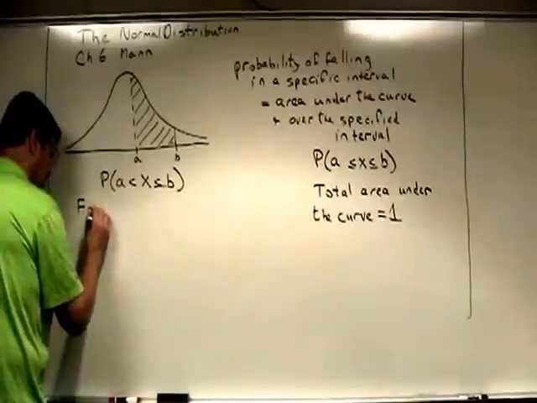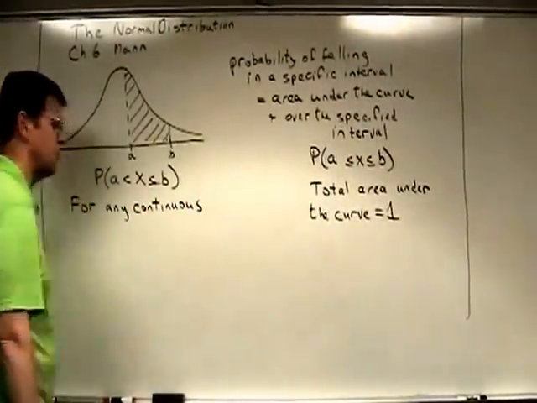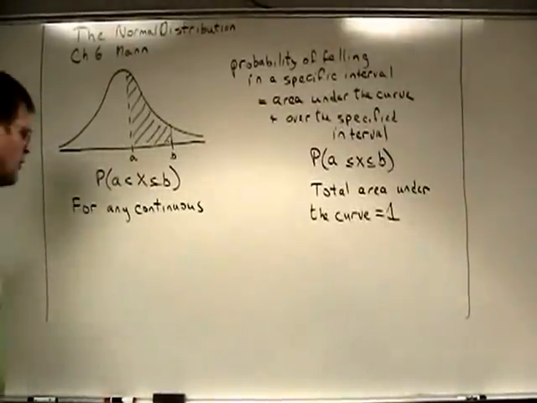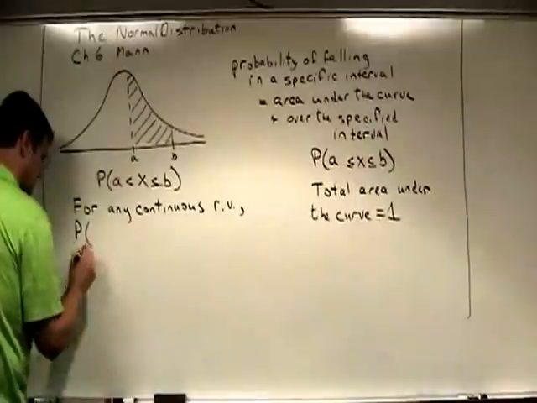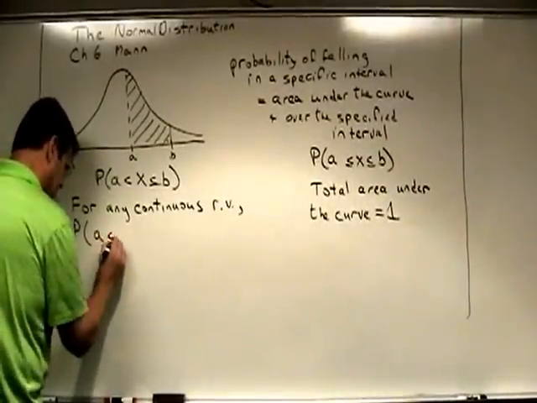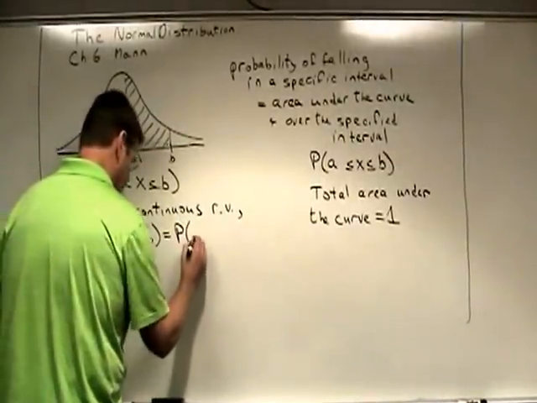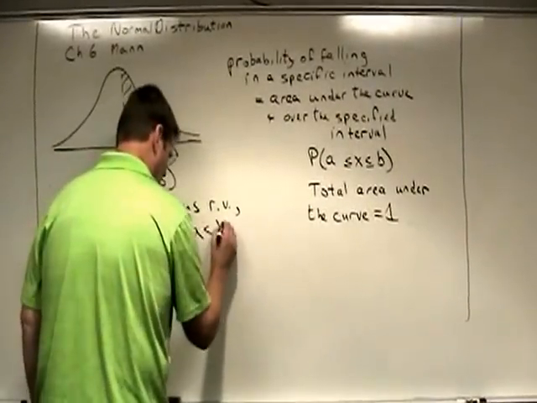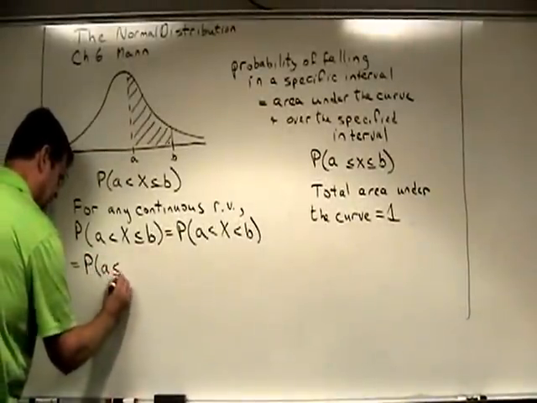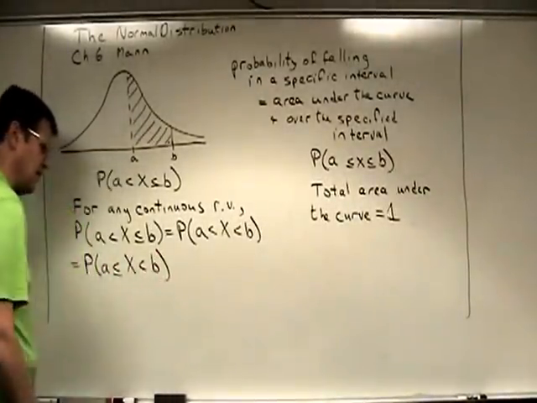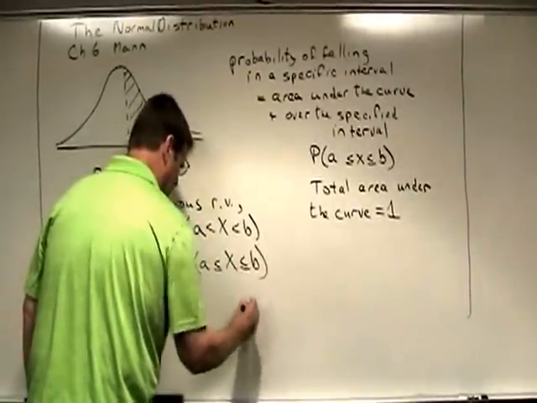So what we have here is for any continuous random variable, not just the normal distribution, but other continuous random variables that we'll talk about before the course is over, the probability that a is less than x is less than or equal to b is the same as the probability that a is less than x, which is less than b, which is equal to the probability that a is less than or equal to x, which is less than b, which is equal to the probability that a is less than or equal to x, which is less than or equal to b.